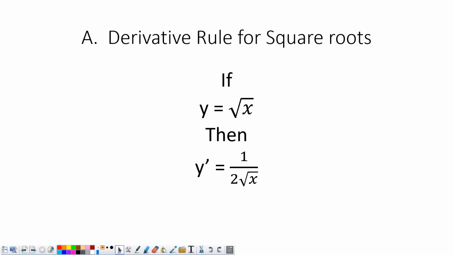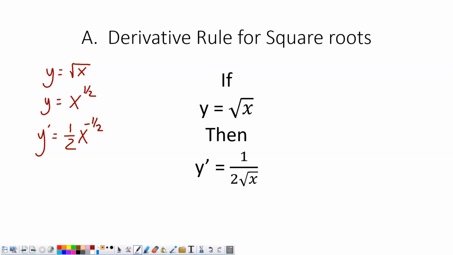Here's the shortcut for this particular square root thing, right? So we already know how to do this. We know that if y equals the square root of x, that means x is being raised to the half power. And so when I take the derivative, I put the half in the front, and I subtract 1 from my power.